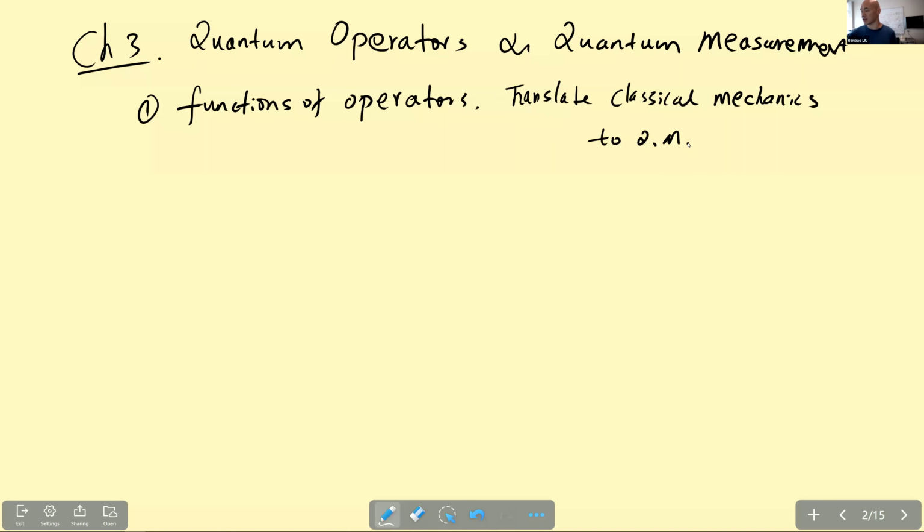For example, we're going to discuss angular momentum Lx, Ly, Lz. And then we're going to talk about the measurement.